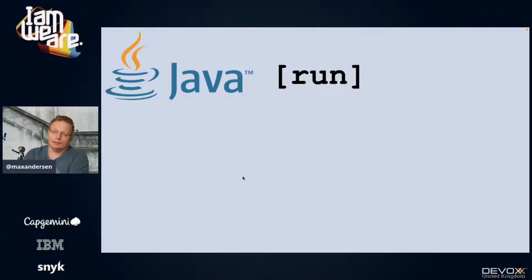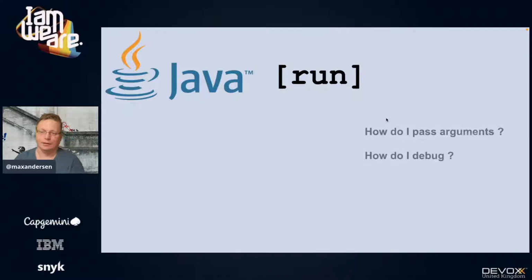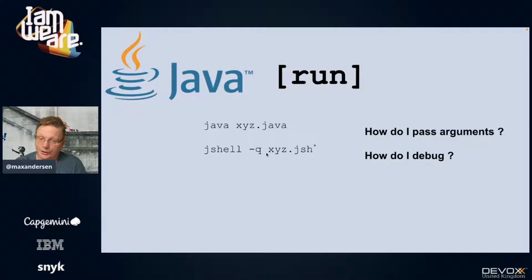Okay, so we've seen some of this stuff, but just to compare how things work in Java typically versus how it works in JBang. Behind the scenes, what JBang does is just translate this to what Java is. If you want to run something in Java, you can run single files. You can run JShell by another command and another flag.